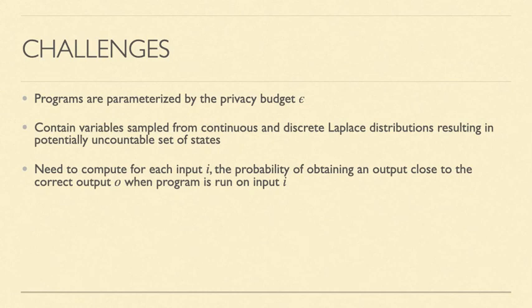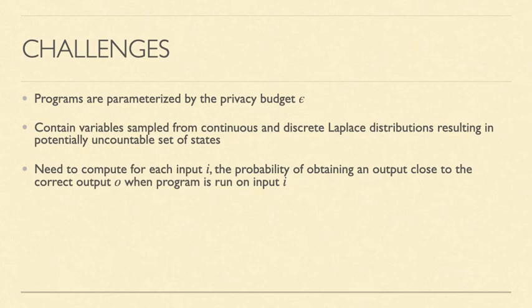We just highlight some of the challenges that need to be overcome for decidability. Remember, differential privacy programs are parameterized by a privacy budget. So a program is really a class of programs, one for each possible value of epsilon. It can contain integer and real variables, which results in a potentially uncountable set of states.